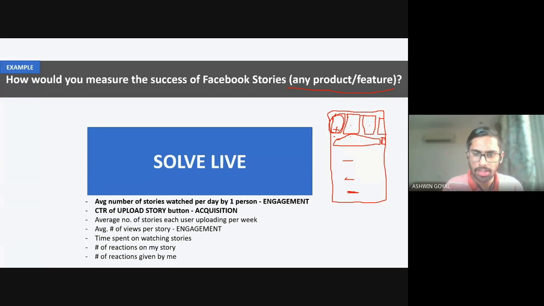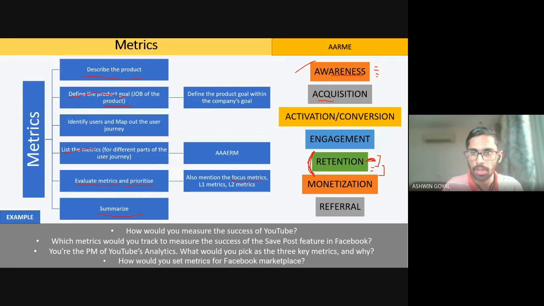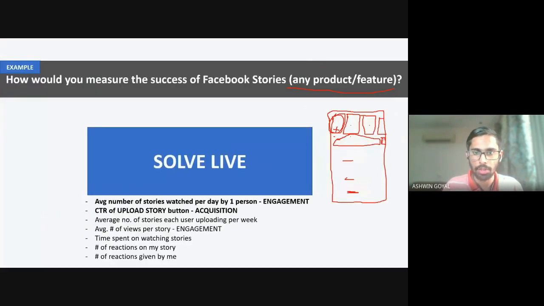All right, let's classify these into categories. So what are the categories? First, look at that. These are all the categories. Let's start classifying them into these categories. So first one, average number of stories engagement. CTR of upload story button.